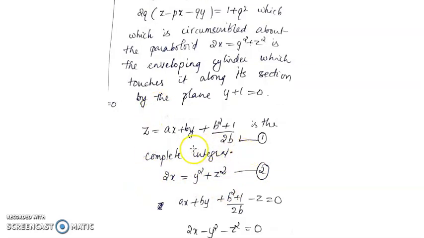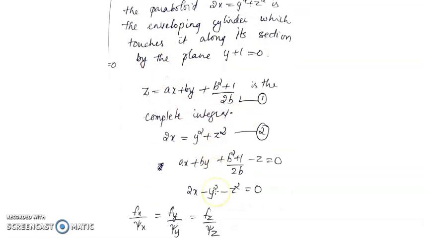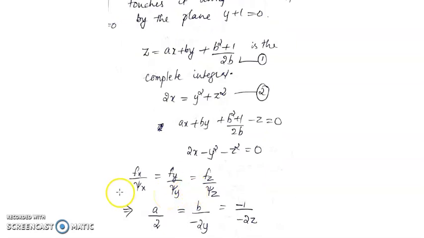So write in the form f of x, y, z, a, b equal to 0 and psi of x, y, z equal to 0, and then we'll take the partial derivatives. Here we will get the two equations from f_x, f_y, f_z and psi_x, psi_y, psi_z, and evaluate these ratios. So f_x is going to be a and psi_x is 2, and f_y is b by minus 2y.